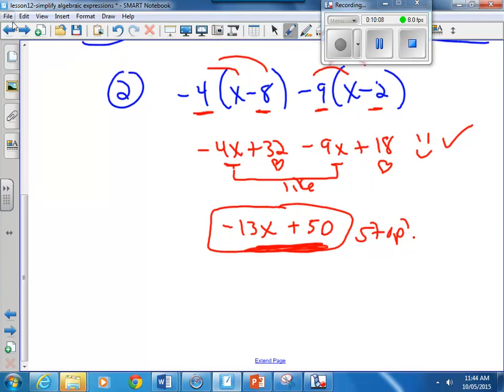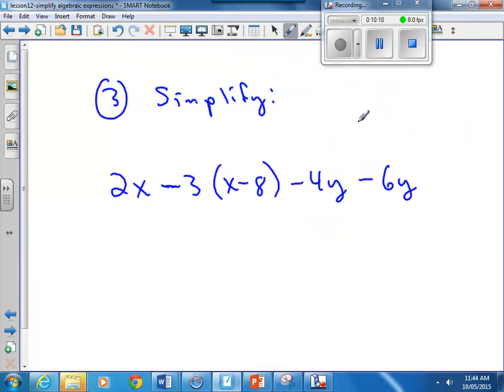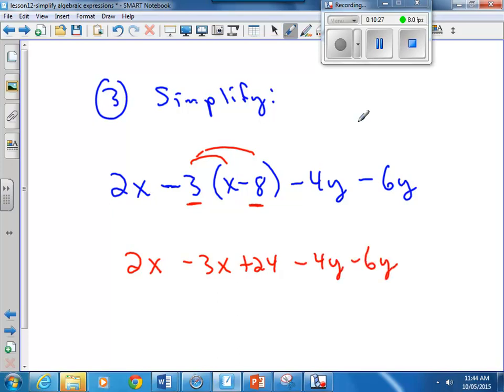Okay, and final frontier, we got one more here. Hope you're enjoying this. You can always hit pause and try it before me. That's a good idea. 2x minus 3x. Careful here, negative times a negative is a positive. Keep recording. A lot of algebra is about recording your own thoughts in a linear way and in a concise way. 2x minus 3x, those are like terms.